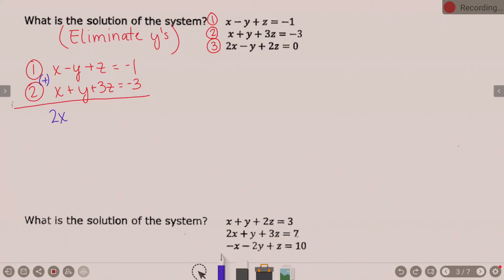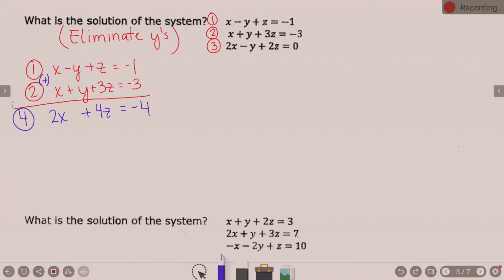We want that to happen, right? We're trying to eliminate y's. z plus 3z is 4z. Equals, carry down your equal sign. Negative 1 plus negative 3 is negative 4. I call this equation 4.